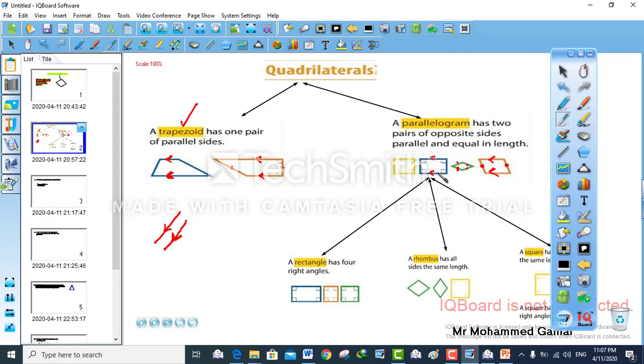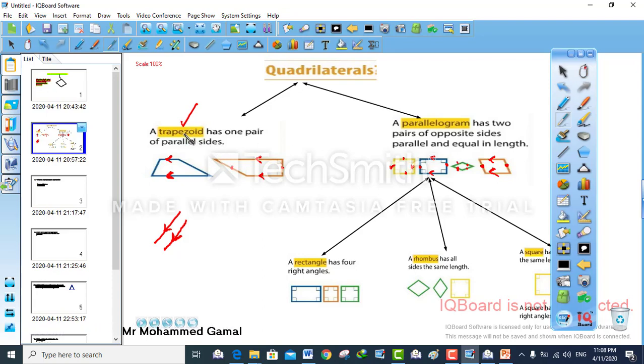So the main difference between trapezoid and parallelogram is that the trapezoid has one pair of parallel lines and the other pair is not parallel, but the parallelogram has two pairs of parallel lines. The first pair, they are parallel, and the second pair as well.